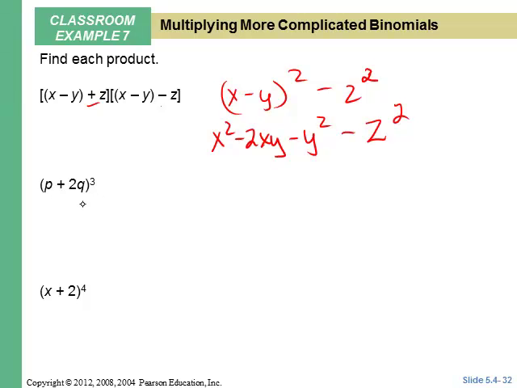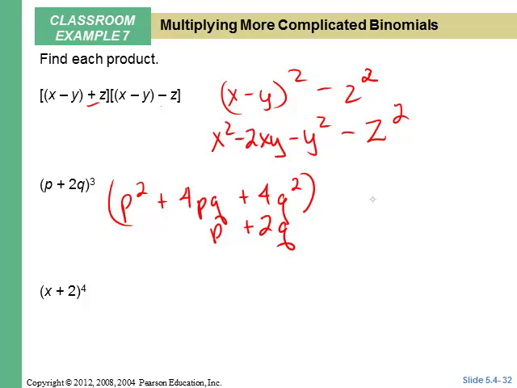This one is a cube. Let's do the squared part first. That would be p squared plus 4pq plus 4q squared times p plus 2q.